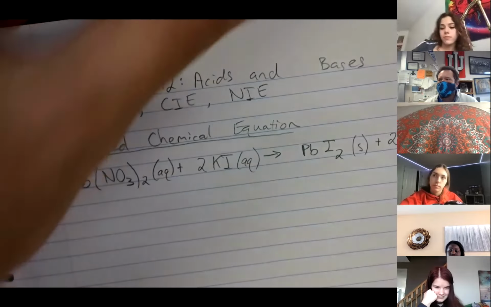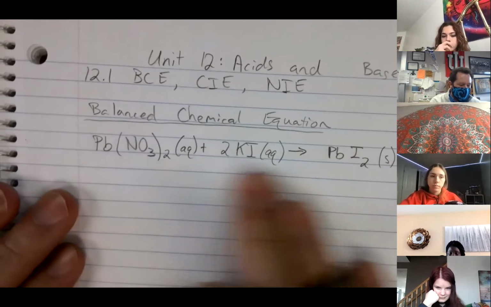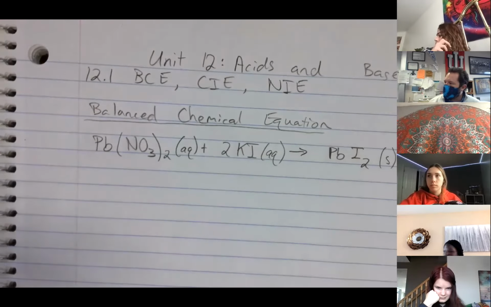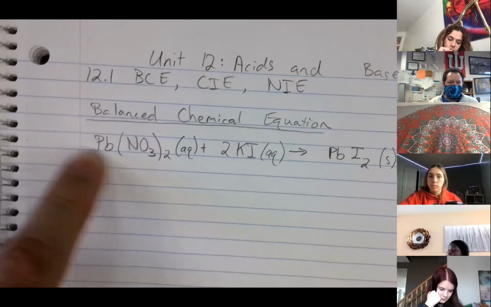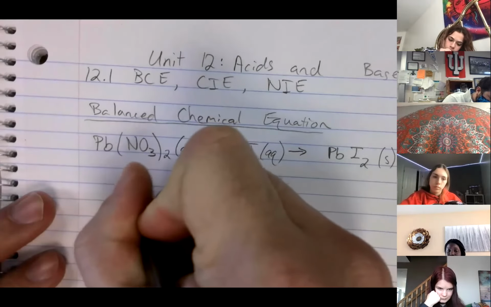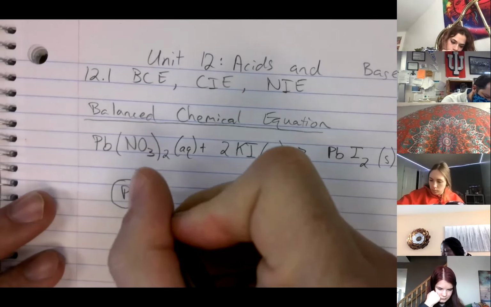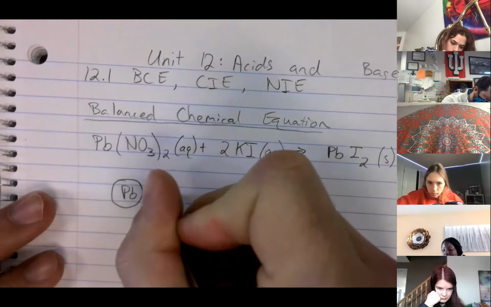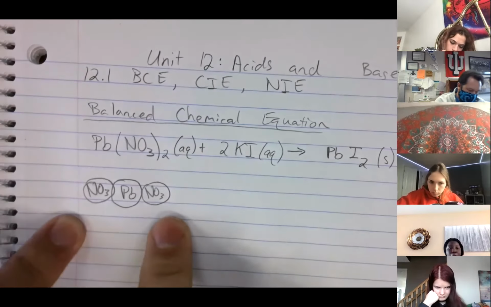Let's take a look at what actually happened. When we have this balanced chemical equation, what are we actually saying? Well, for lead nitrate, we've got 1 lead, 2 nitrates. That means 1 Pb and 2 nitrates, and they're going to flank it on either side.